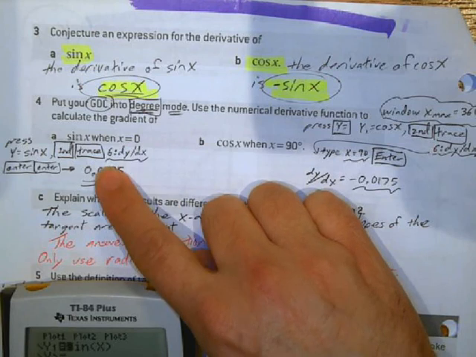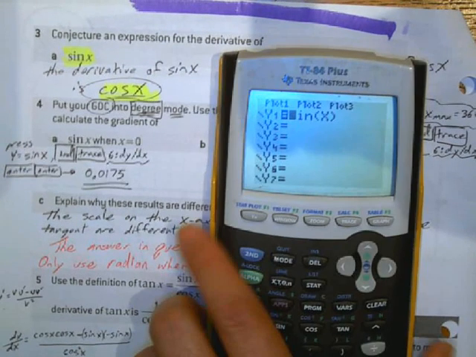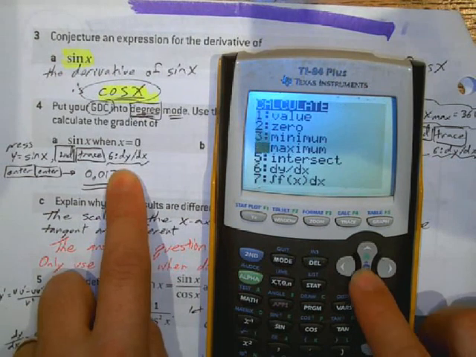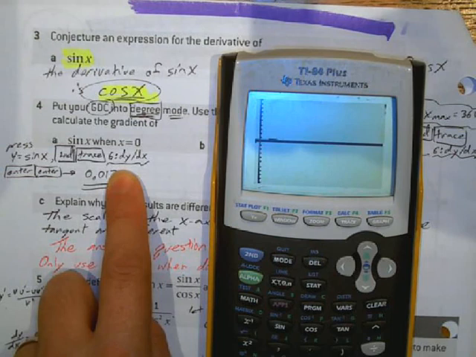So I hit second trace, go down to 6, enter, and there's my sine wave.